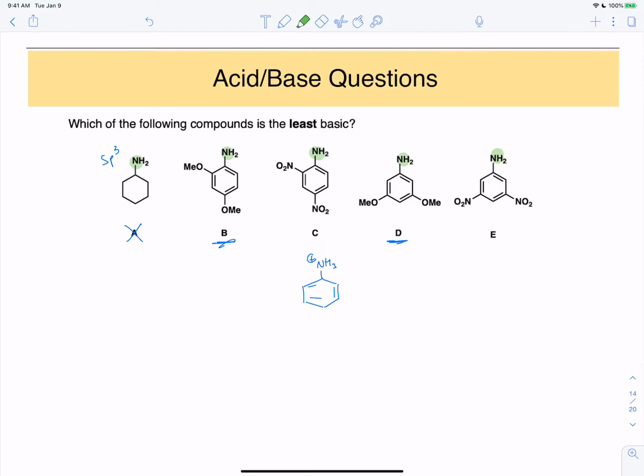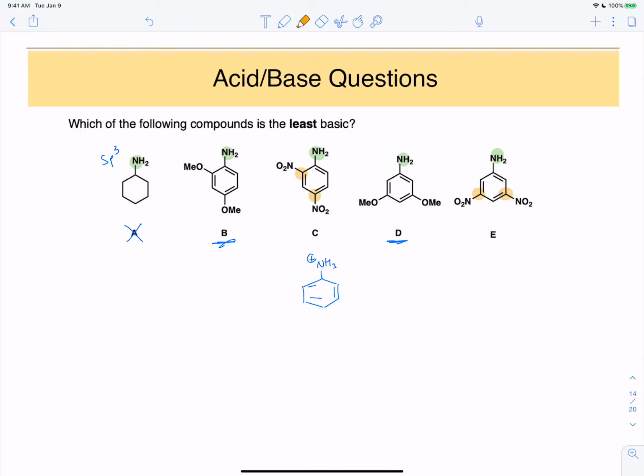And once again, we have a consideration where they are in two different positions. We have an ortho-para nitro, and here we have two meta-nitros. So this is where we also need to take into account what sort of interactions were present before we protonated the molecule.